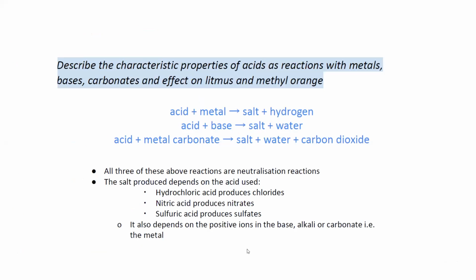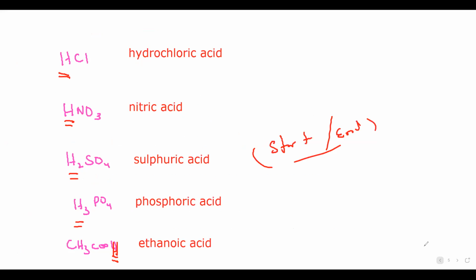Then these are some characteristics of acid. What are the characteristics of acid or reactions of acid? Whenever acid reacts with metal, it will give salt and hydrogen. If it reacts with metal oxide or metal hydroxide, it will give salt and water. That's what I said in the beginning.